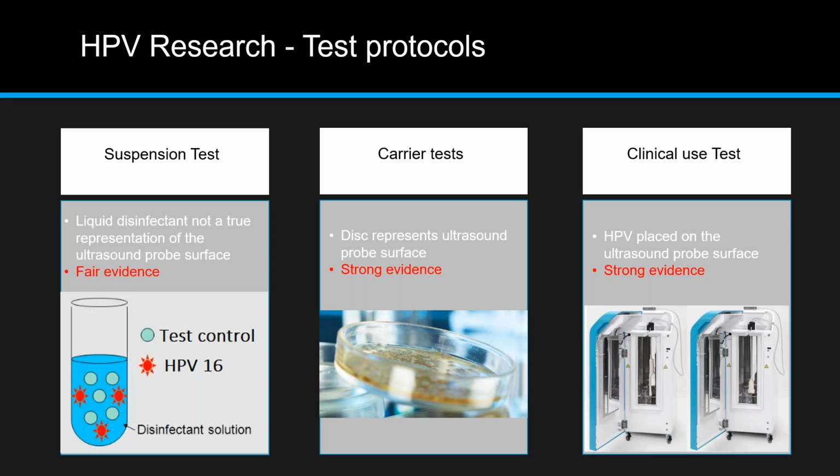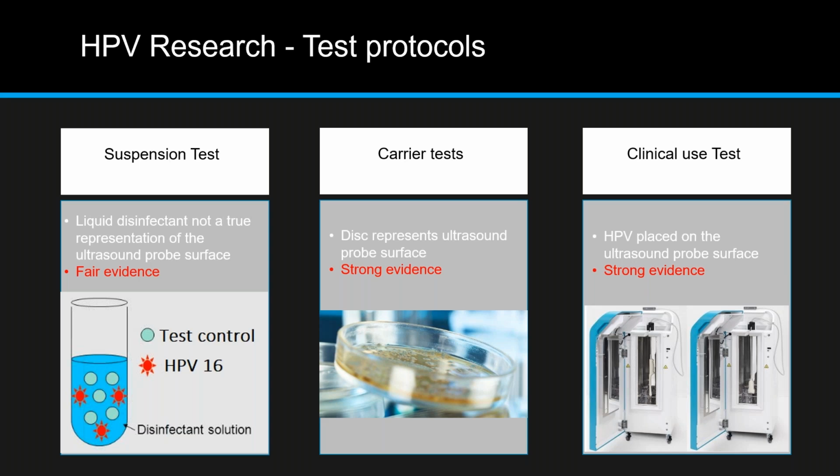And then the final one is where we actually use a probe device. We use the probe handle or the part of the probe, and we can dry the virus directly onto the probe and then put it into a system such as the antigermic system of Germitec or the Trophon device or some other system, to show whether or not those disinfectants and those disinfectant systems can actually deactivate or kill the human papillomavirus.